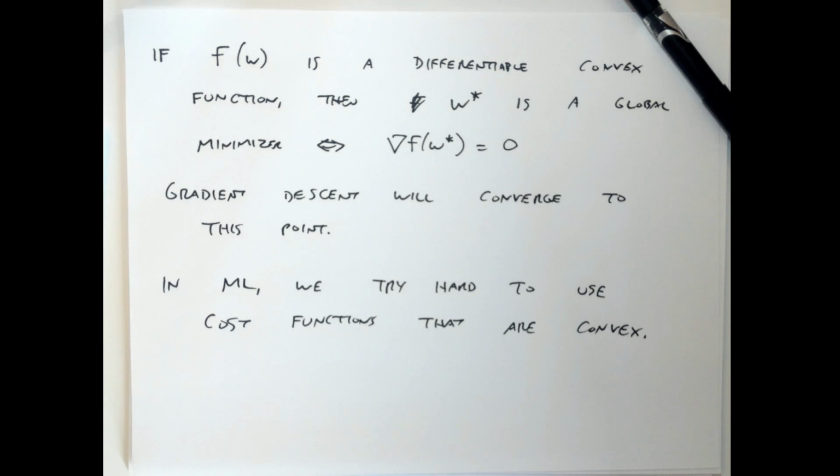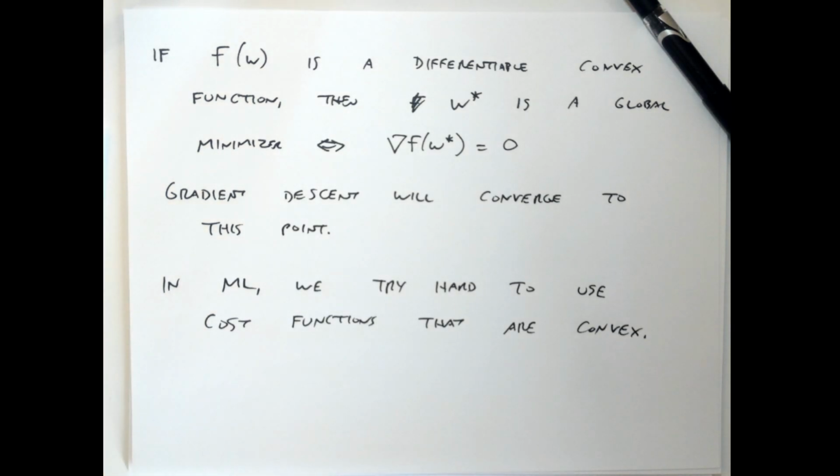Like if you add two convex functions together, you get a convex function. We know that this quadratic function, this square function, is convex. So that's nice. And as we go forward in machine learning, we'll talk more about different cost functions and whether they're convex or not, okay?